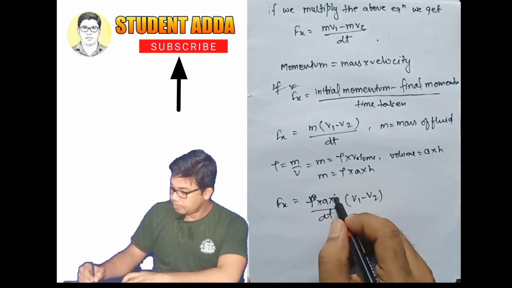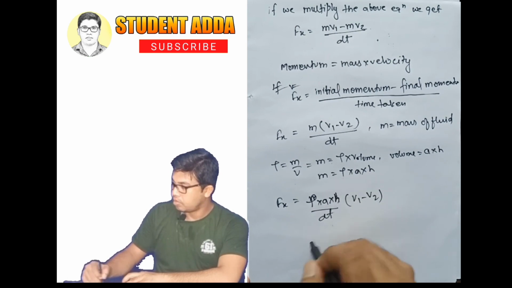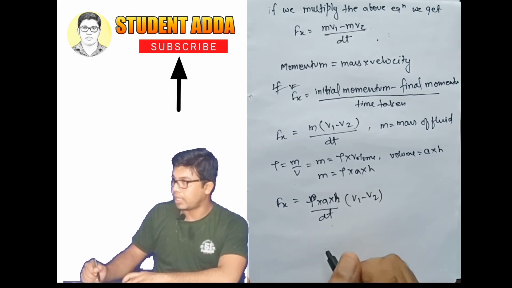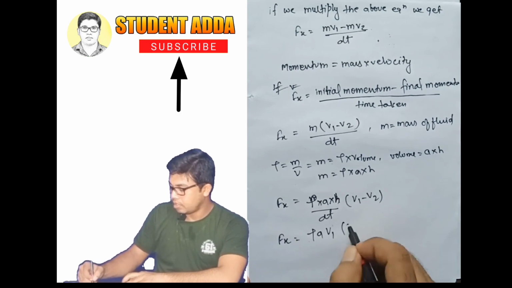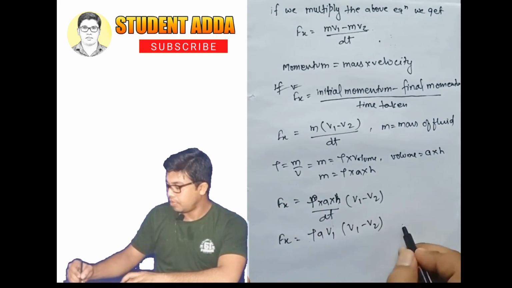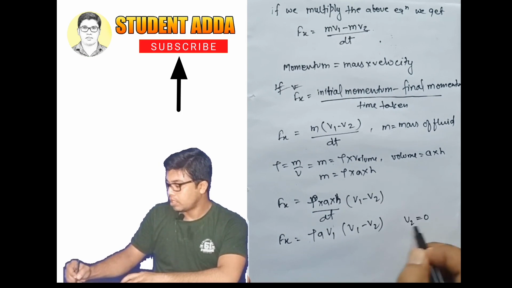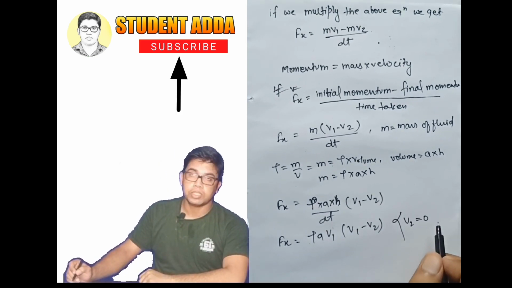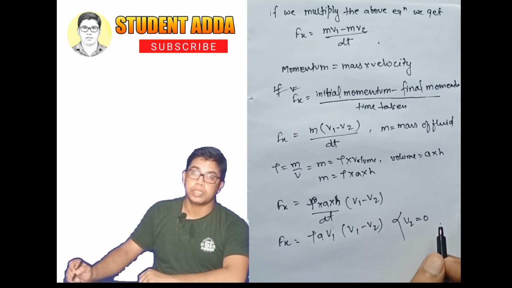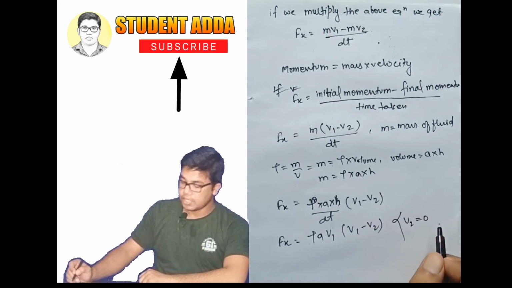We know that displacement with respect to time is velocity, so the equation becomes rho a v1 into v1 minus v2, and we know that v2 equals 0, as the jet strikes the plate, the velocity of the jet at that point will be 0.